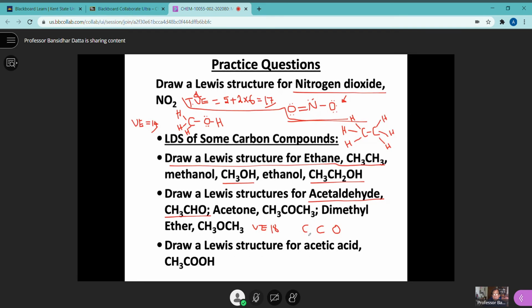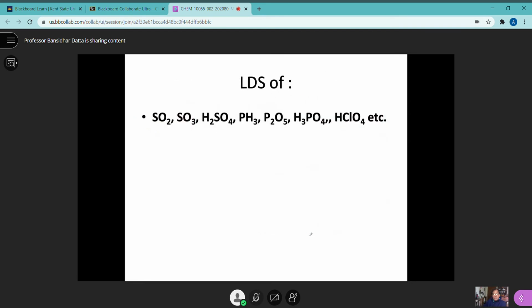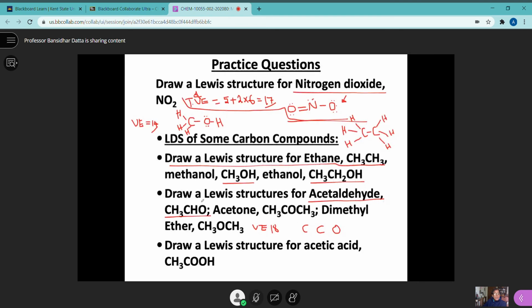Hydrogen cannot be in between. Remember, hydrogen has only 1 electron, right? So therefore, this carbon has 3 hydrogens, H, H, and H, right? And this oxygen has 1 hydrogen, H, right there. So 1, 2, and 3, and a carbon-carbon bond, and a carbon-oxygen bond.